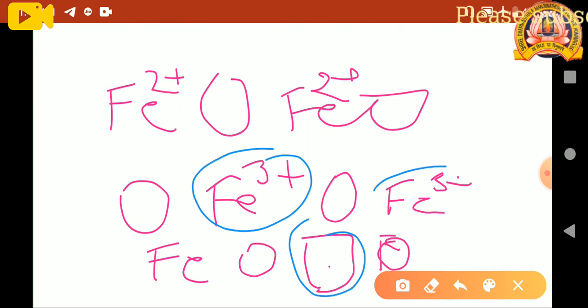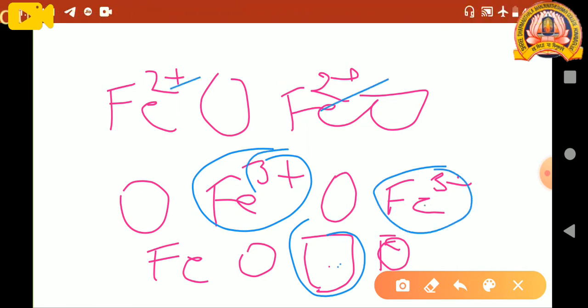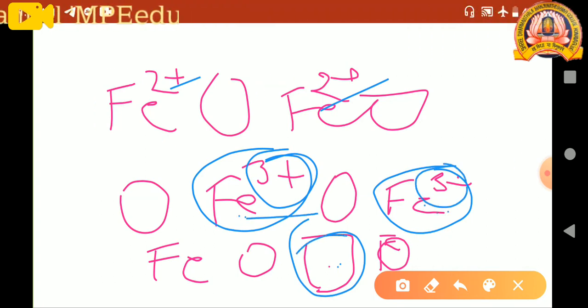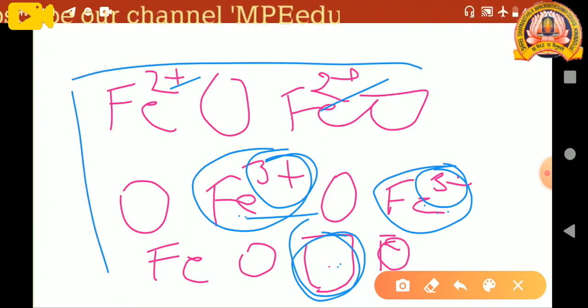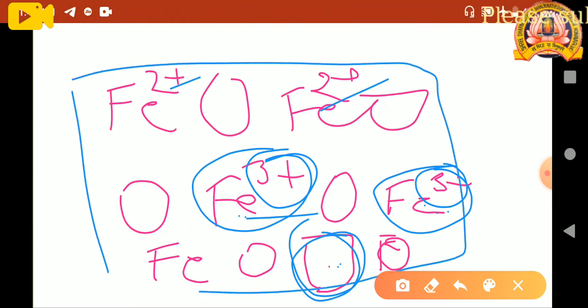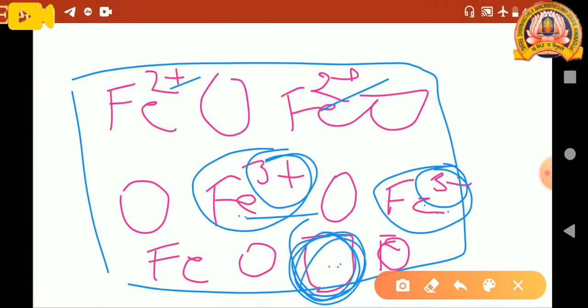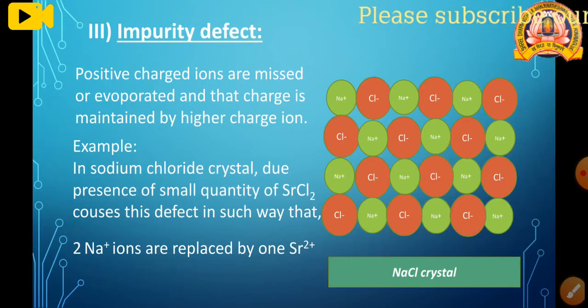When 2 Fe3+ are there, they create plus 6 charge. So after the defect, FeO looks like this: Fe, O, Fe, O, with plus 2 charge, plus 2 charge, plus 3 charge, and plus 3 charge.